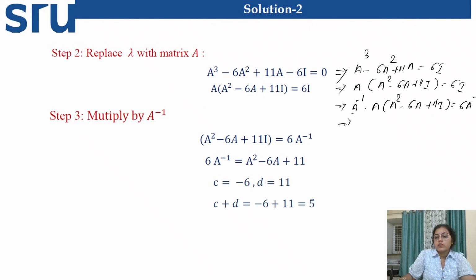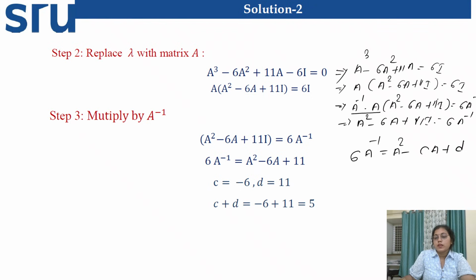Here A inverse into A is nothing but your I. So you have to write A square minus 6A plus 11I equal to 6A inverse. In the question it is given like 6A inverse equal to A square plus CA plus DI.